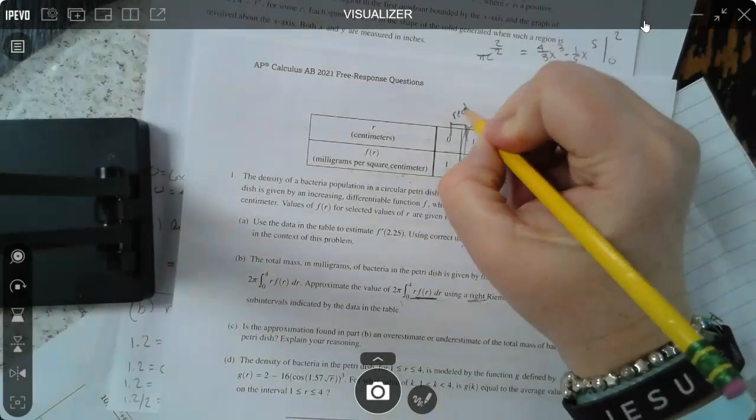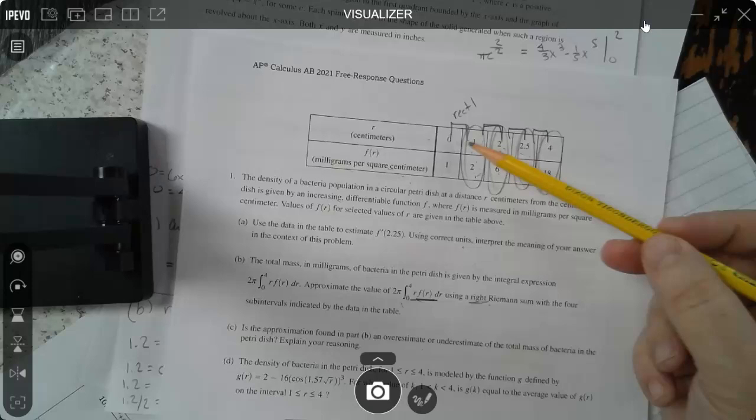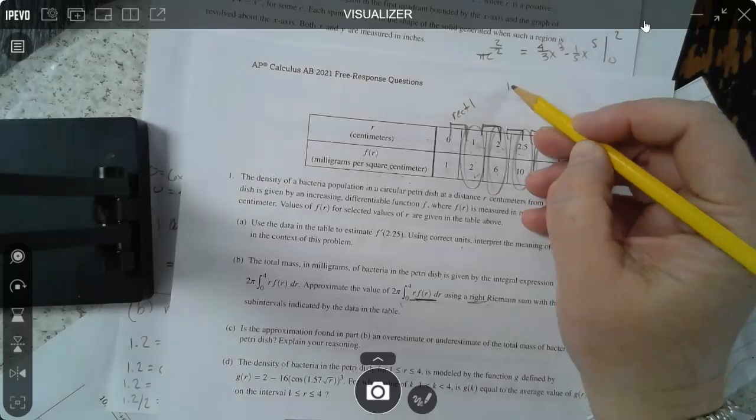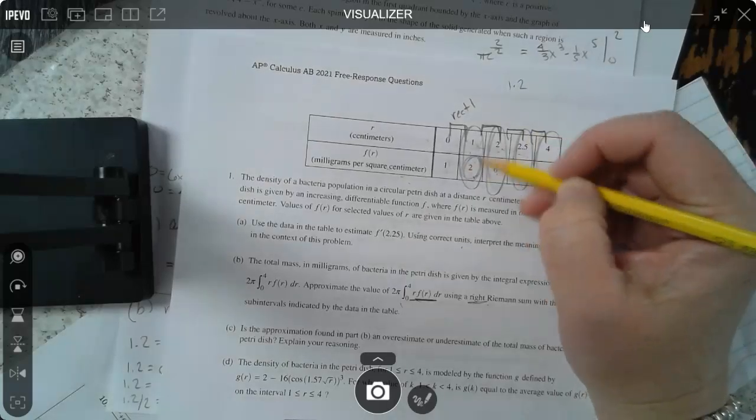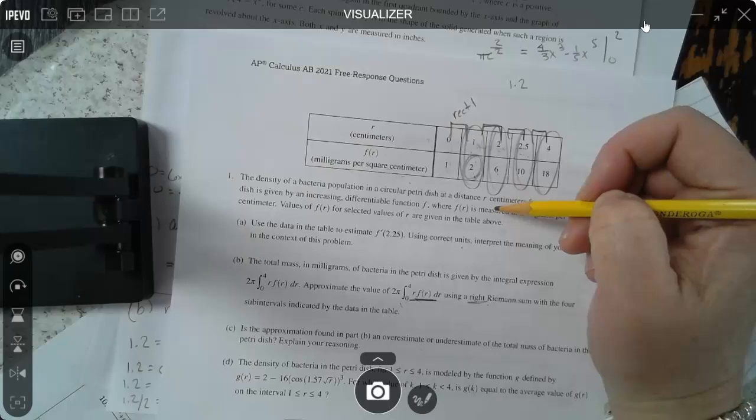If this was just a normal right Riemann sum, it'd be 1 times 2 because it's always the y value. What are you adding? You're thinking trapezoid. This isn't a trapezoid. This is a rectangle. Height times width.